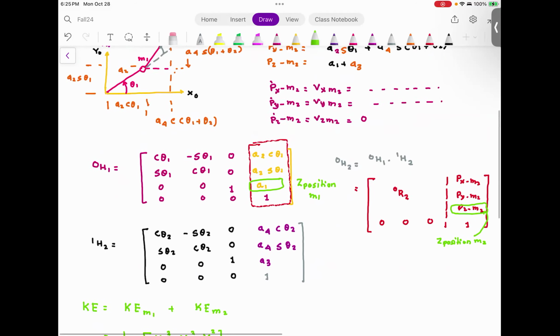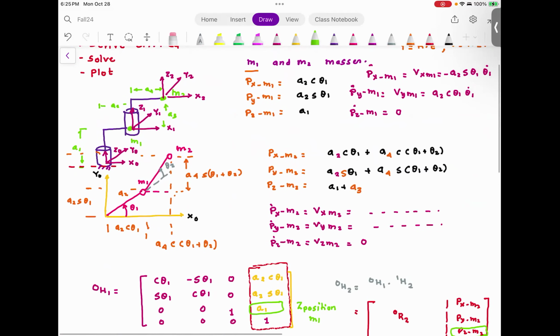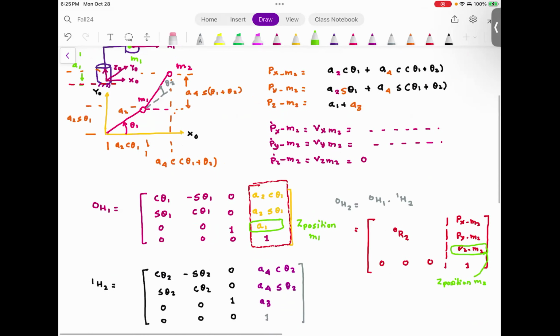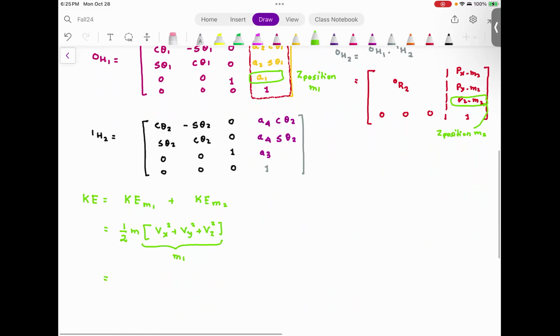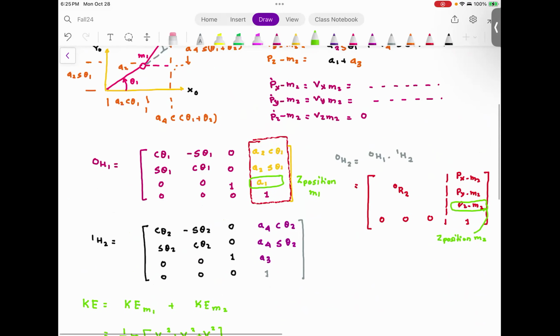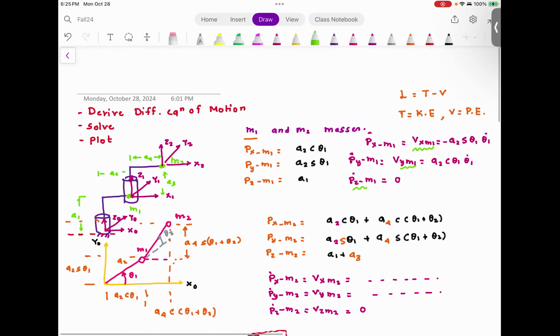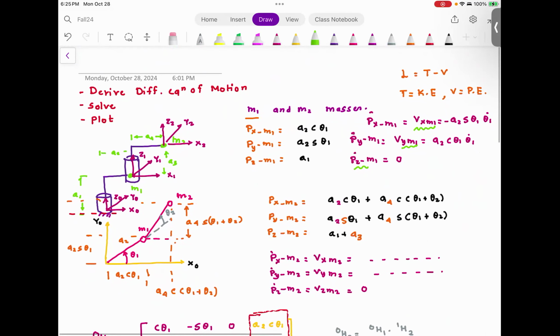Which means the expression that I have found here, can you see this expression? This expression and this expression need to go here. I would just write this for my own reference: 1/2 m1 times Vx1 minus a2, and so on, and the whole square.